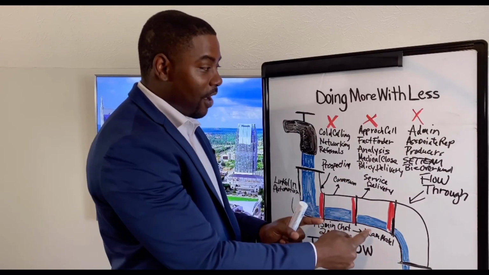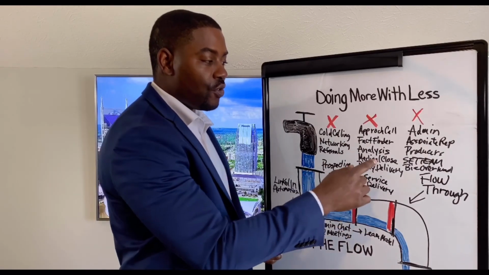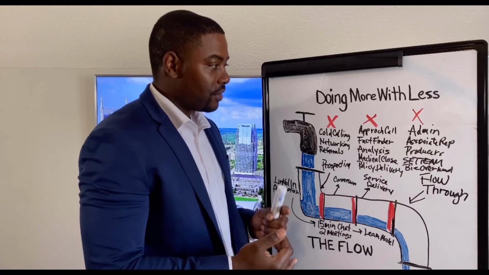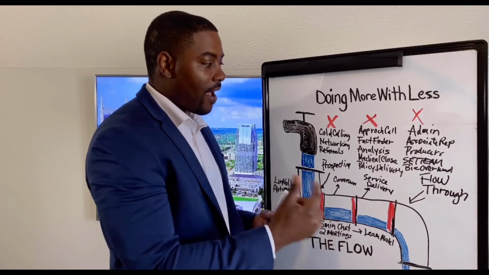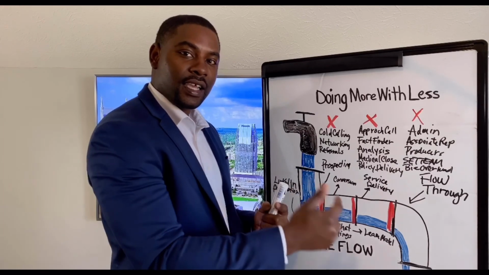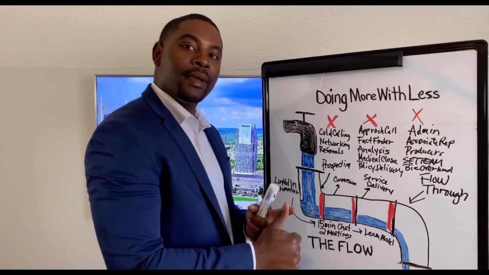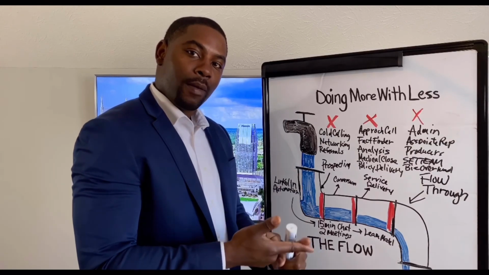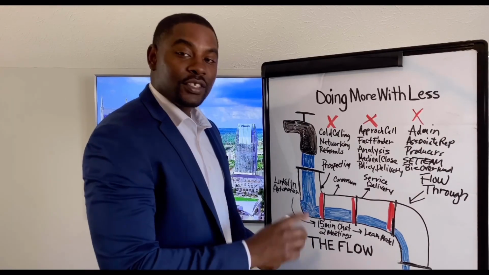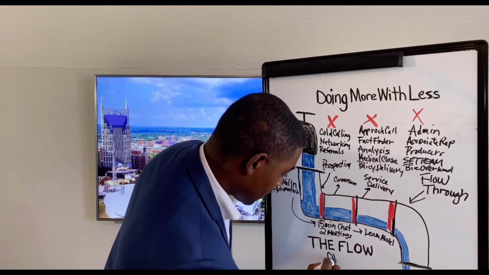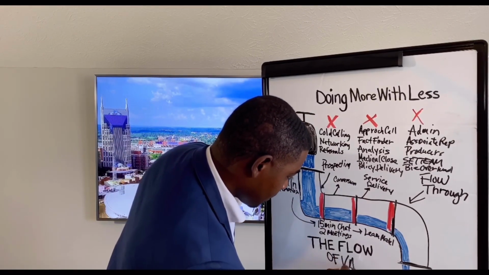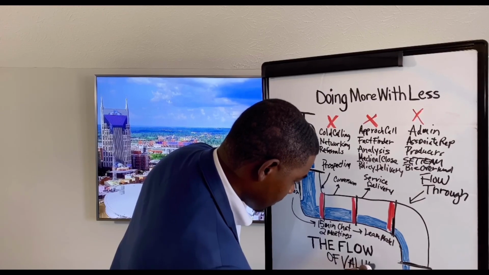And with the lean model, you don't need a ton of producers and associate reps to do all these other things. You have free time to delegate those things to one admin person and one person on your set team. And so this is what we call the flow of value.